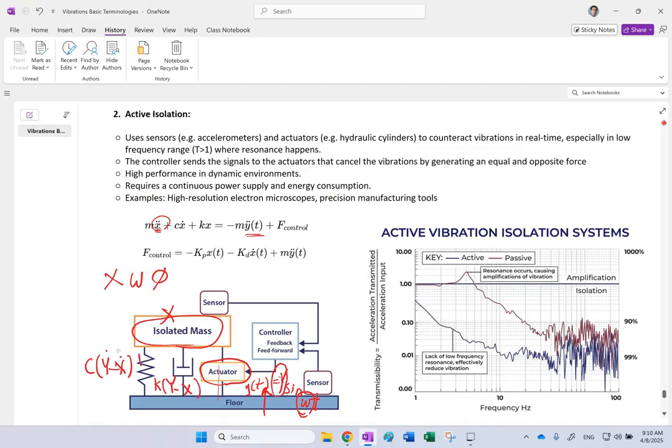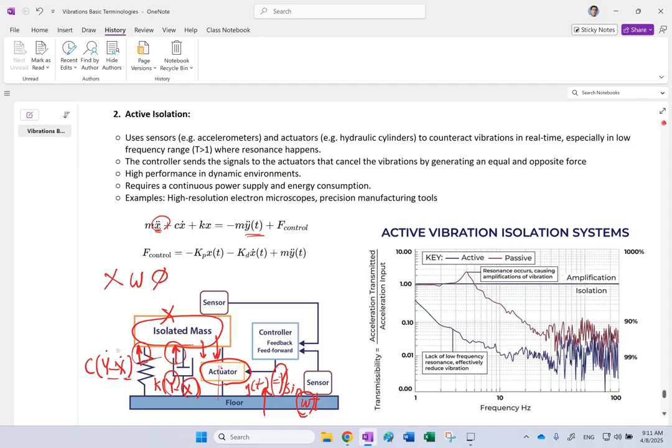These are the forces that are applied to the mass. And if I know my x and y as a function of time and I can calculate these terms, ideally I apply some kind of force from the actuator, equal and in the opposite direction, that would cancel those forces so my mass does not really feel the vibrations.